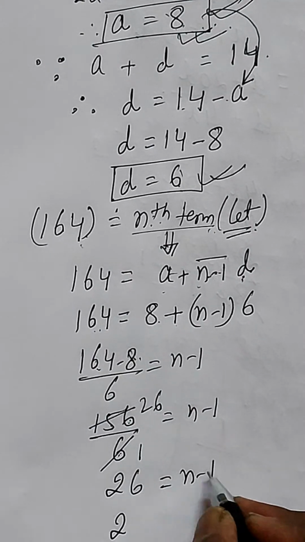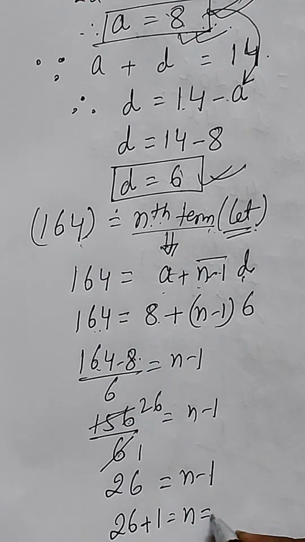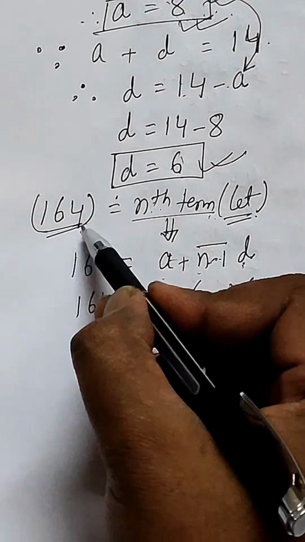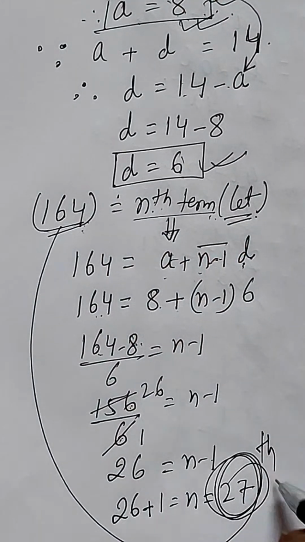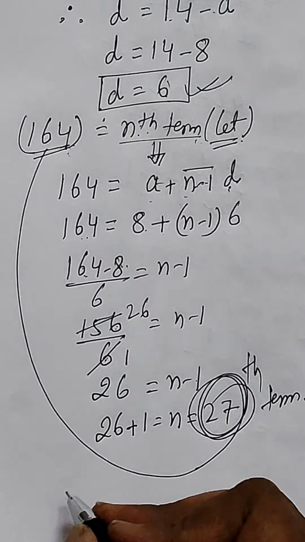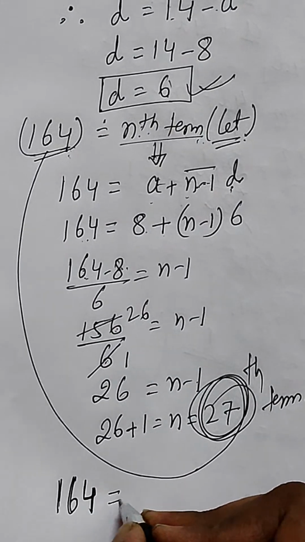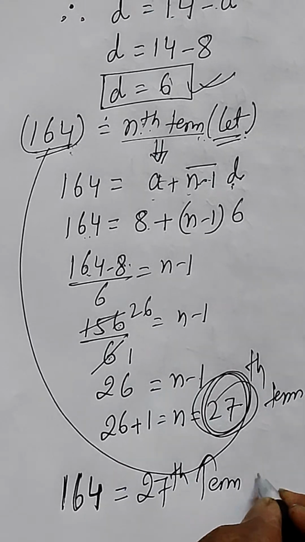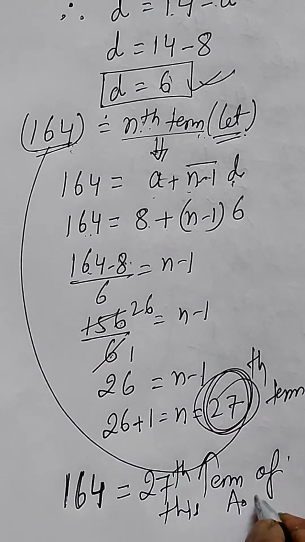So when 1 will be coming into the LHS, this will be 26 plus 1. So n equal to 27. So we can say that 164 is the 27th term of AP, right? So that we have derived. 164 equal to the 27th term of this AP.